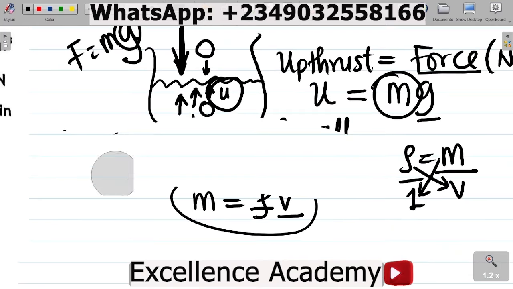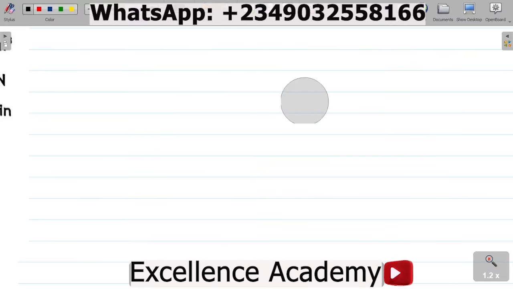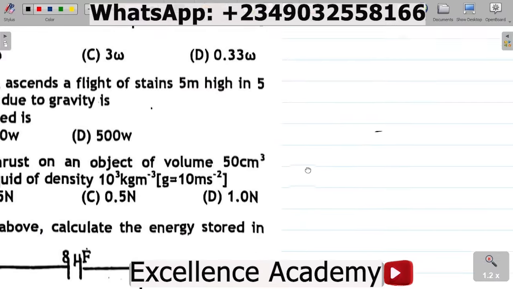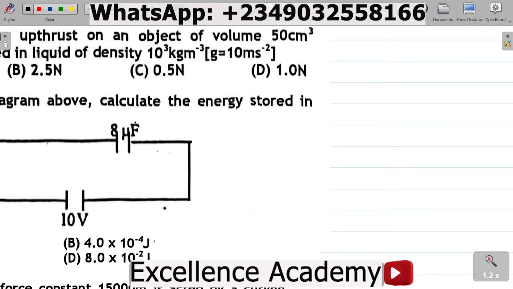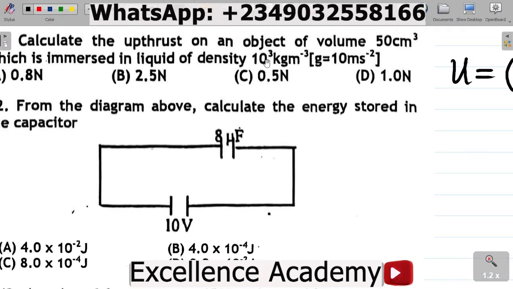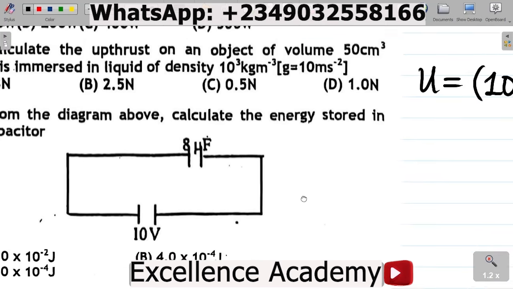Okay, so with this said, let's use this formula to solve this question. Upthrust equal to density, volume times gravity. So from here, we'll have that upthrust U is equal to the density of the body, which is given as 10 to the power 3 (1000), times volume.